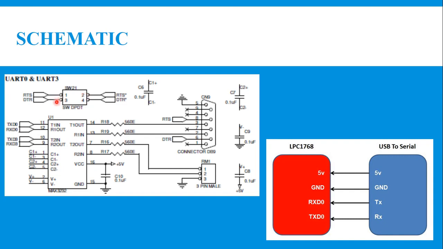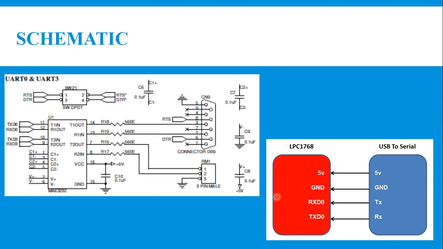Suppose your switch is in the on condition, so that both RTS* and DTR* are, that is, request to send and data terminal ready. If both are towards 2 and 4, then you can download the program from USB to the hardware. If the switch is moved to RTS and DTR, then it works as a UART, Universal Asynchronous Receiver Transmitter.